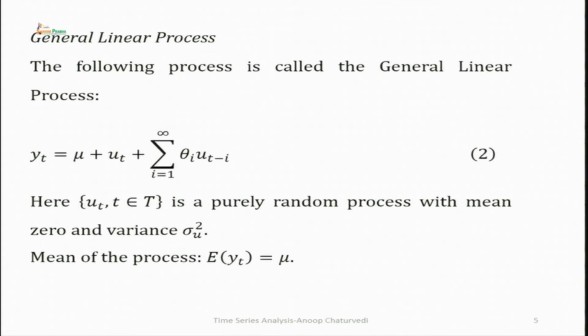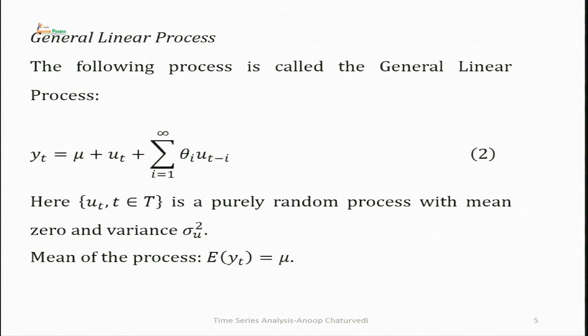Now, we consider the general linear process. The following process is called the general linear process. y_t equal to mu plus u_t plus summation i equal to 1 to infinity theta_i u_{t-i}. So, actually this general linear process also evolves from the Wold decomposition. Here again u_t is a purely random process, and u_t has mean 0 and variance sigma square u.